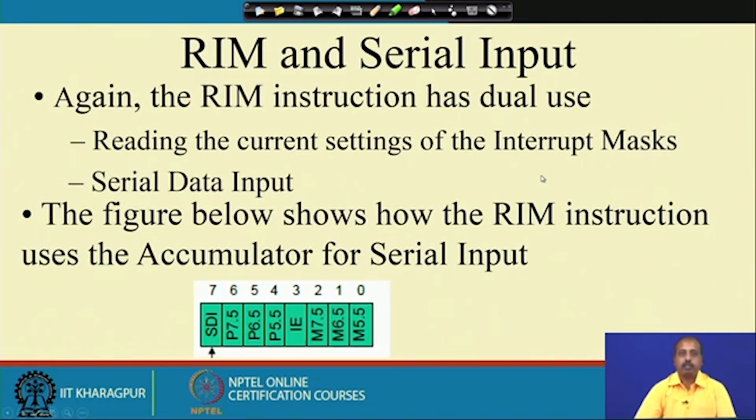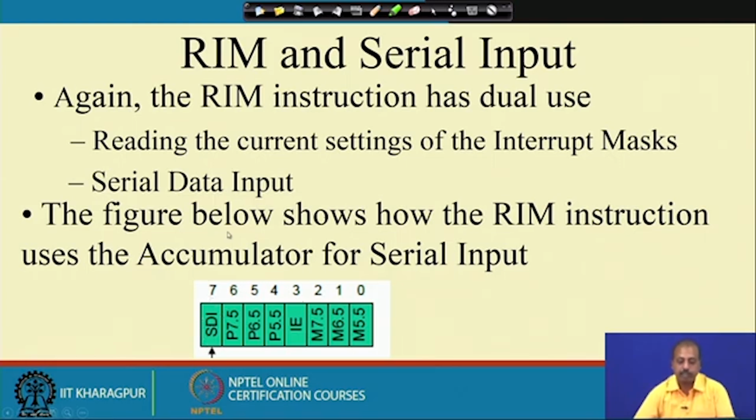Similarly, for the serial input part, we can take help of the RIM instruction. The RIM accumulator configuration is like this. The rest of the bits we have discussed while talking about interrupts, and bit number 7 is the SDI, serial data input.